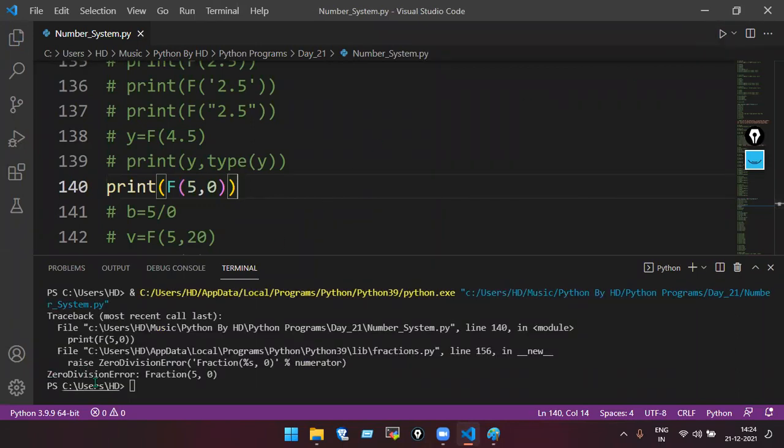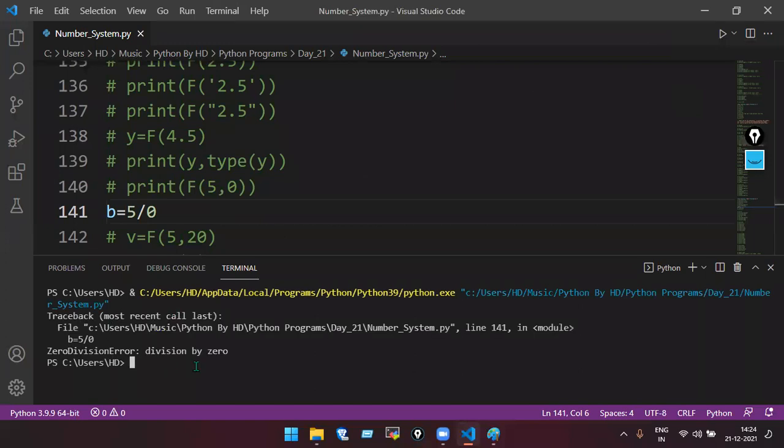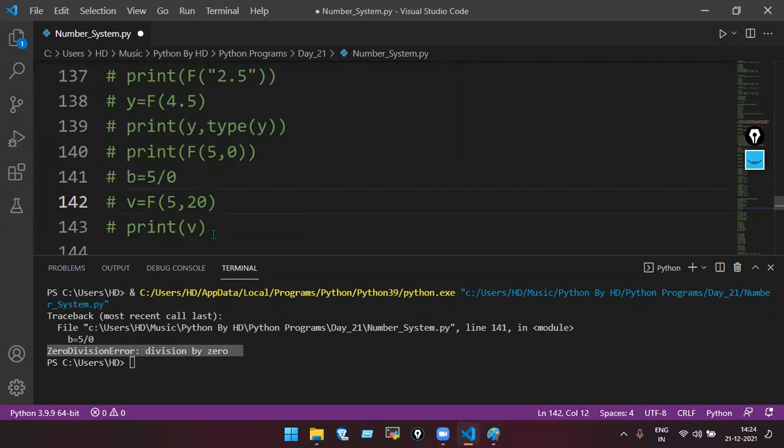Zero division error. Any number divided by 0, you get a zero division error. You can write like this also, both are same. So clear the screen once, run the code again. Both will give you the same answer. Any number by 0 will give you a zero division error. Division by 0.